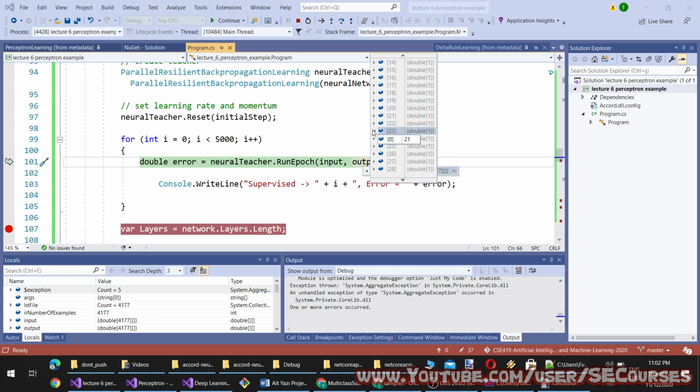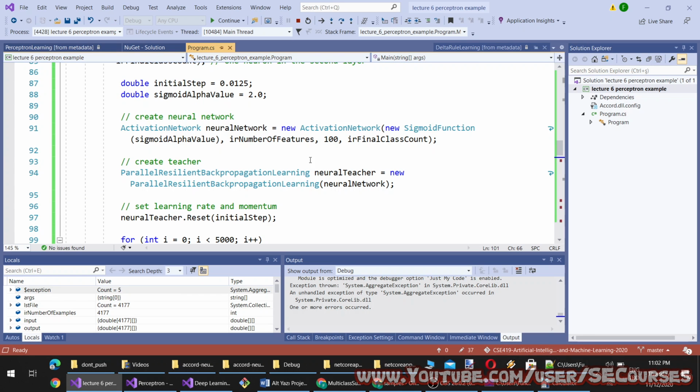Yeah, it requires the output to be the number of final classes.